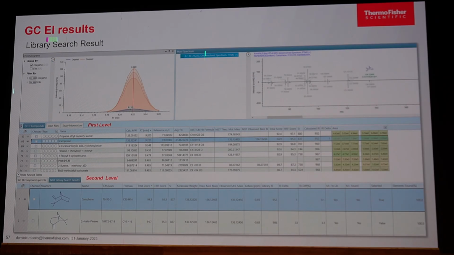And at the second level, you can see the NIST library structure, to which compound it is matching, along with the matching factor as well as the mass error. You can also get the comparative spectra between the spectra acquired on the instrument and the library spectra.